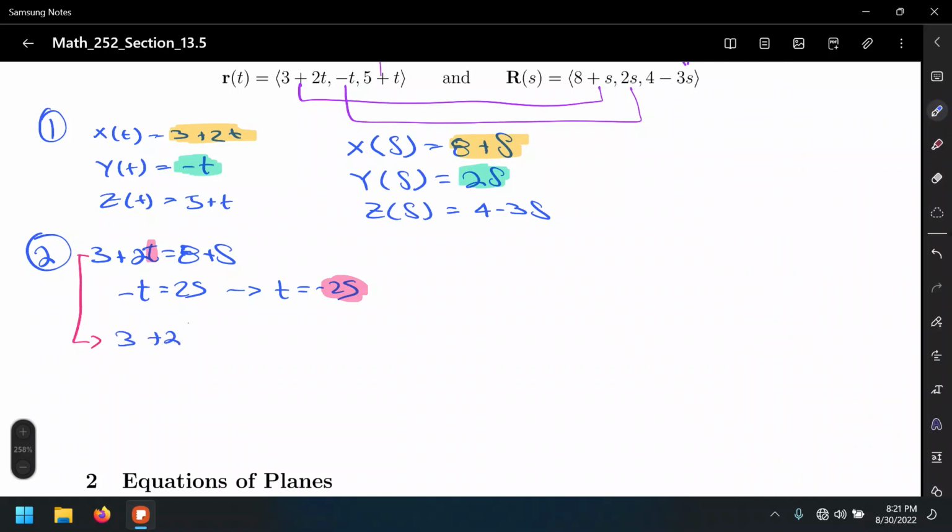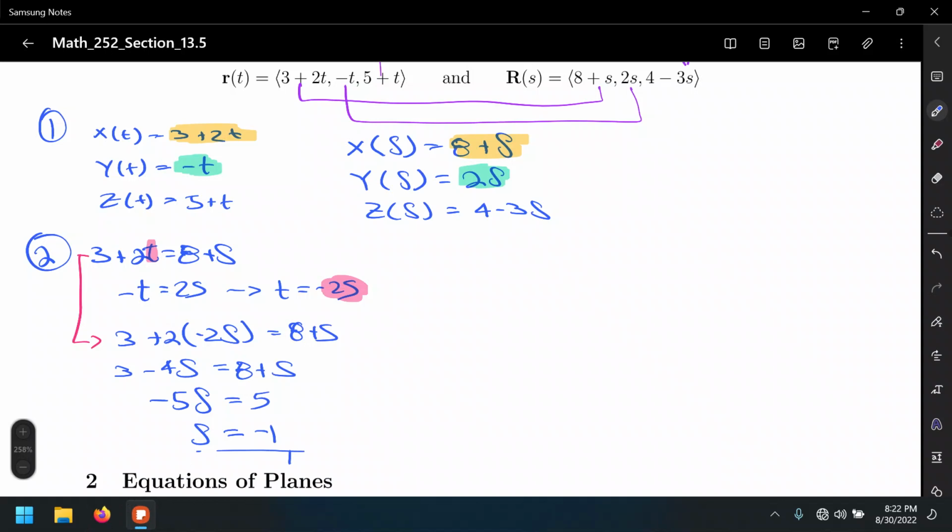3 plus 2 times negative 2s equals 8 plus s. And that's going to give us 3 minus 4s equals 8 plus s. Okay, s on the left-hand side, numbers on the right-hand side, so that's negative 5s equals 5, and s equals negative 1.